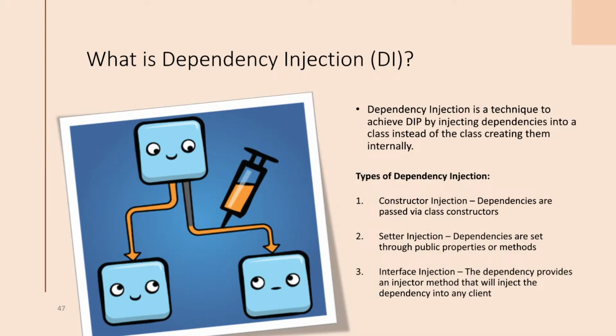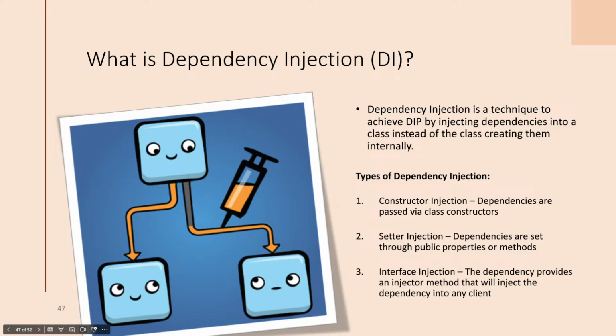What is dependency injection? Dependency injection is a software design pattern where objects receive their dependencies from an external source. There are three types of injections. First is constructor injection. This is a dependency injection pattern where dependencies are provided to an object through its constructor when the object is created.